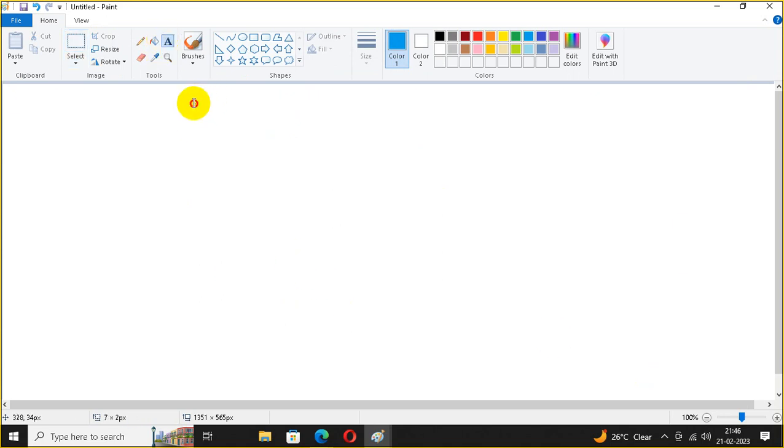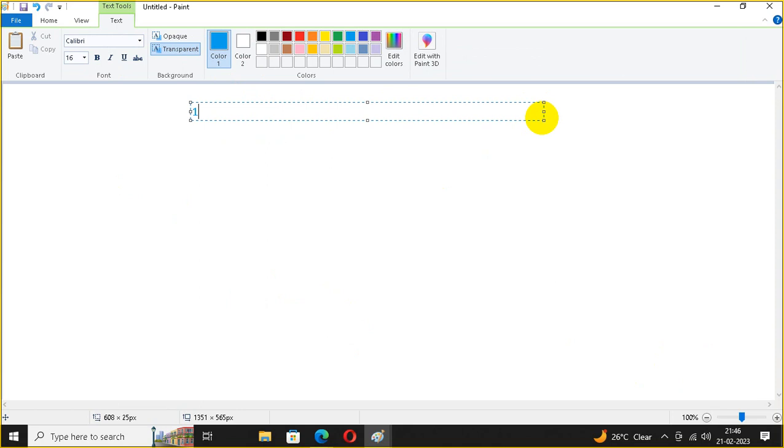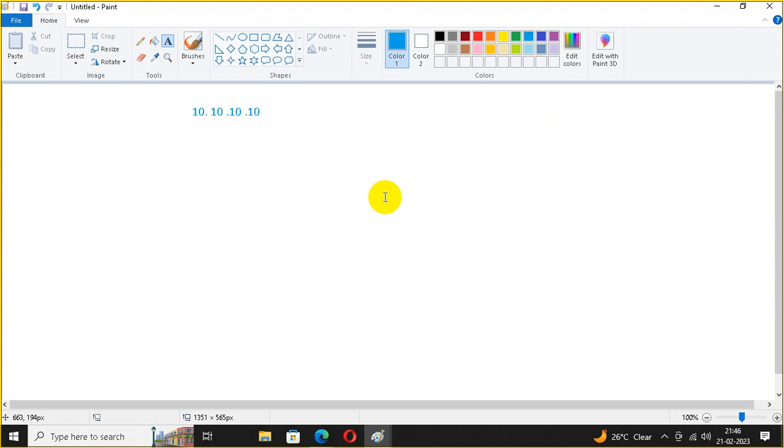Let me draw it again: 10.10.10.10. This is the IP you are assigning, let's say any IP address. You are saying 4 octets, 1 byte, 1 byte, 1 byte, 1 byte. As you know, 1 byte is equal to 8 bit.